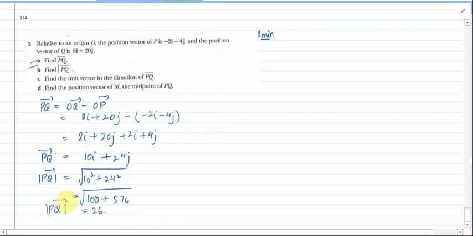Alright, after that, in part C it says find the unit vector in the direction of PQ. So for the unit vector, we know that it's the vector divided by its magnitude. That is the working formula for unit vector. So the vector we have for PQ is 10i plus 24j, divided by the magnitude, which is 26.